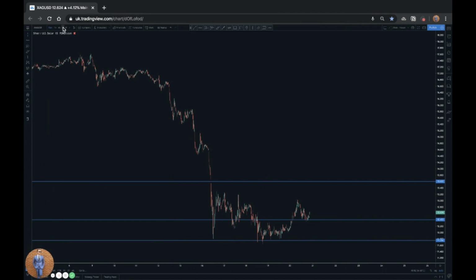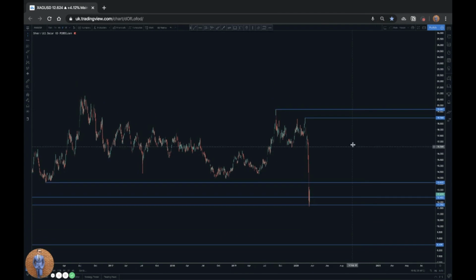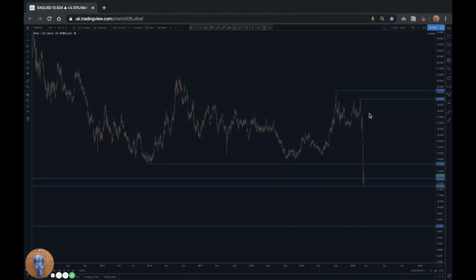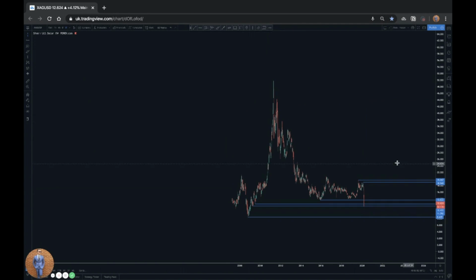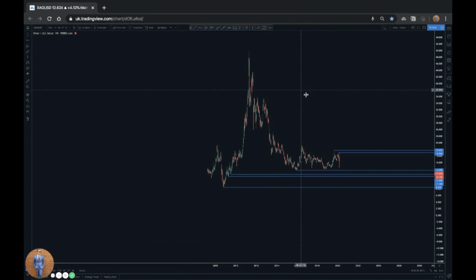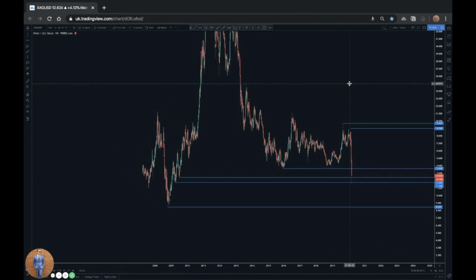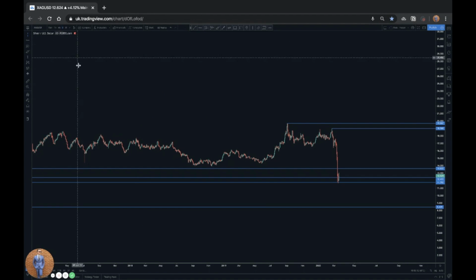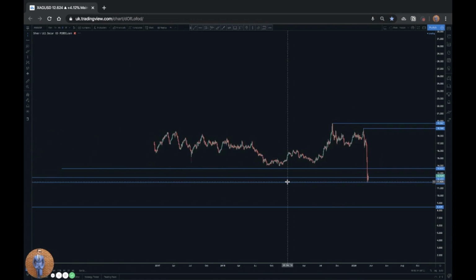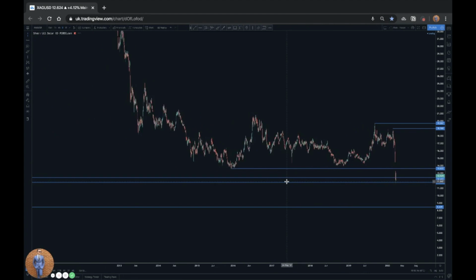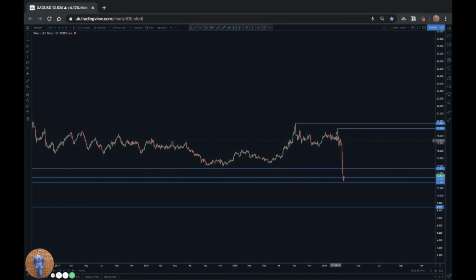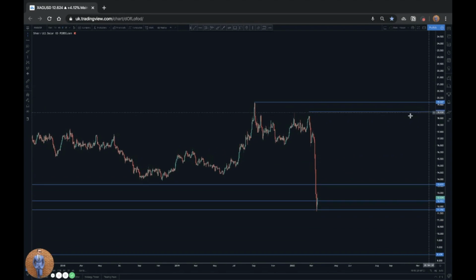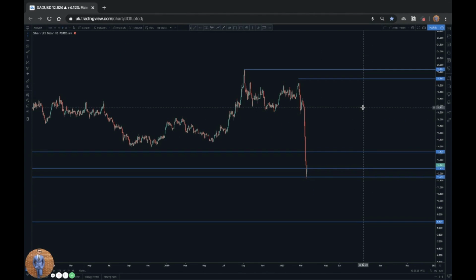So silver, I don't usually do commodities, but this is in a very key area. Silver has seen a very huge sell-off since 2011 and so forth. So it's no surprise that now we're reaching levels that we hadn't visited in decades. As we all know, the dollar was very strong over the past day.